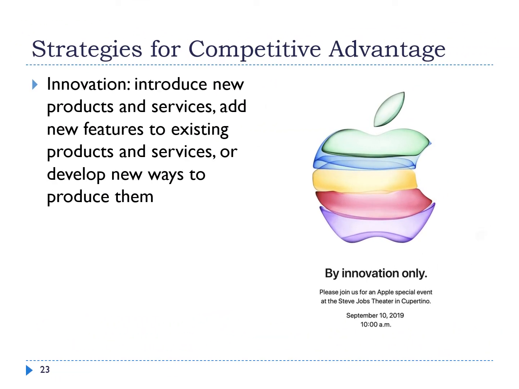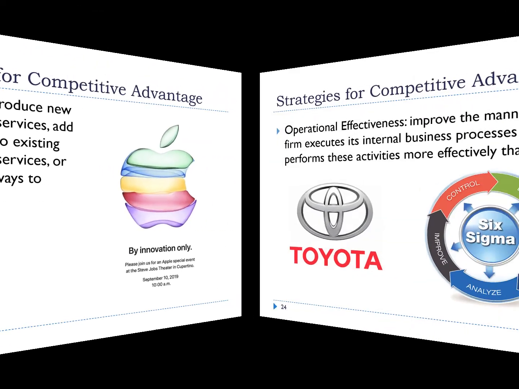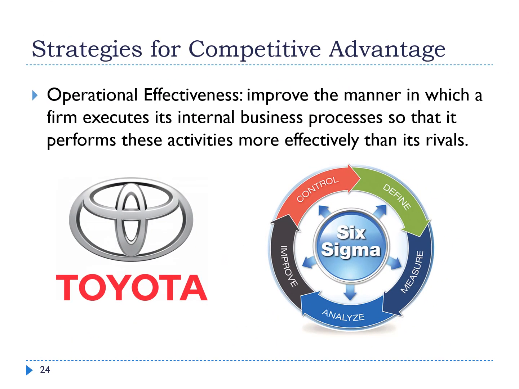Companies can enhance their innovation by introducing new products and services, adding new features to existing products and services, or developing new ways to produce them. Companies can also improve the manner in which a firm executes its internal business processes so that it performs these activities more effectively than its rivals.